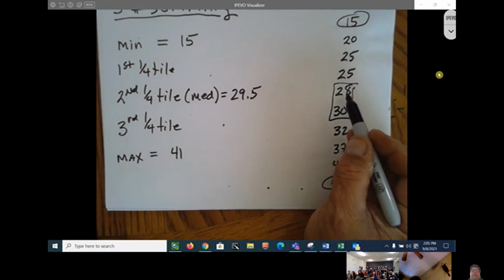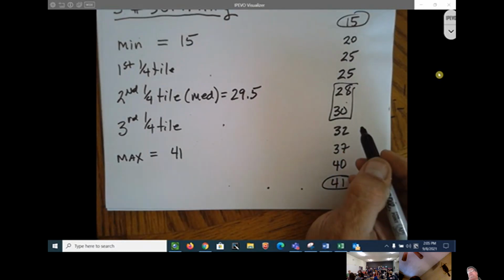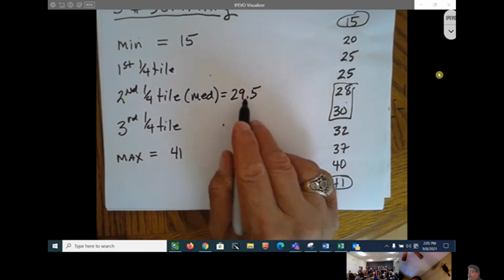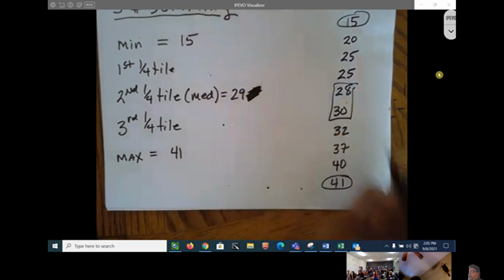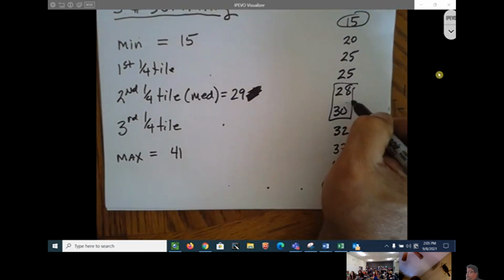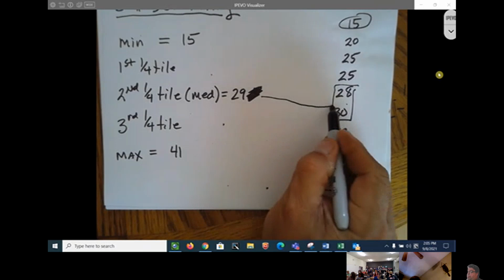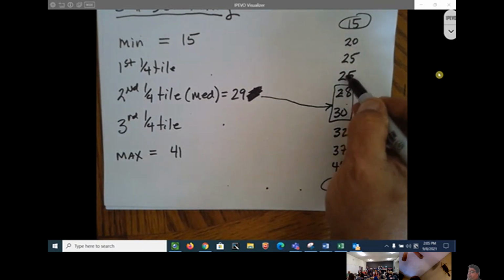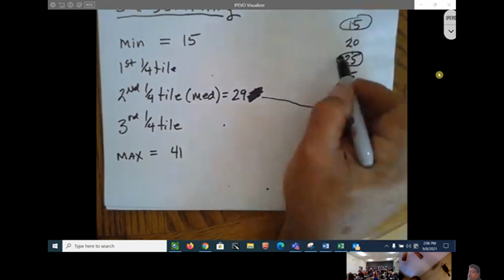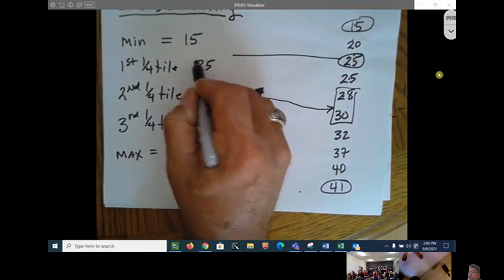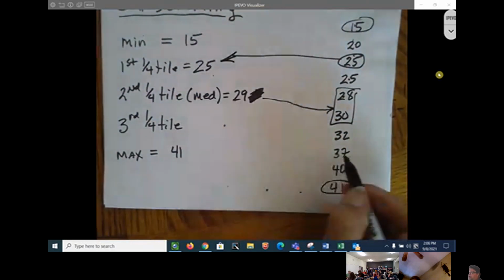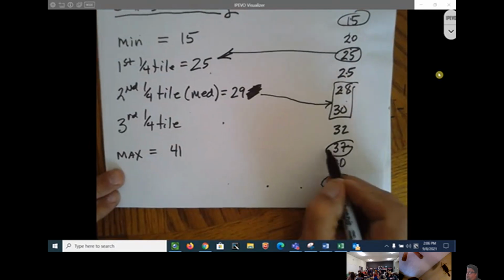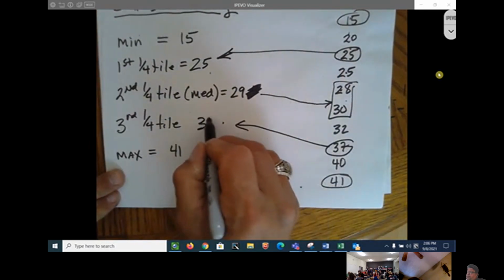Somebody take the average of 28 and 30, please. Is it 29.5? I think it's 29. Okay. And that's in the middle right here. You got 5 numbers above it. So 25 is your first quartile and 37 right there is your third quartile.